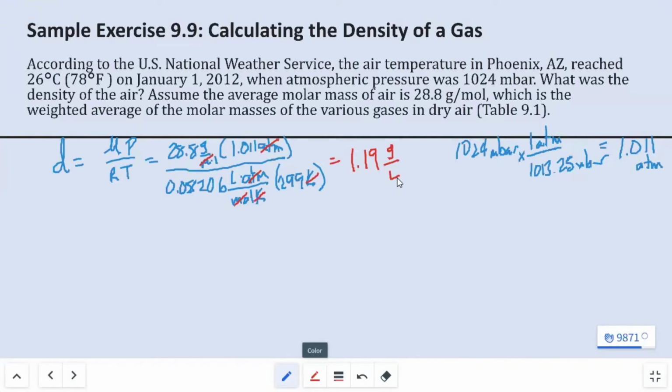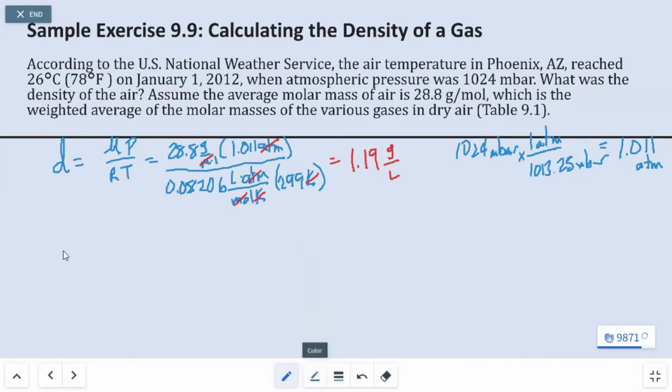So like I said, if you have this equation, that's a very easy way to figure out gas density. If you don't, you can still go back to the ideal gas law. All that you need to do is manipulate the equation.